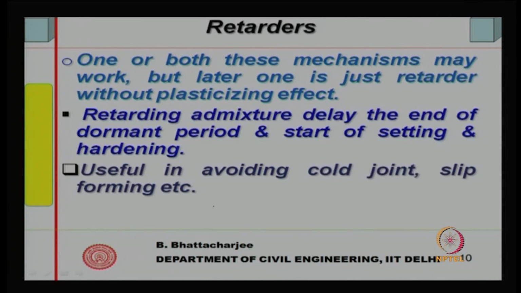Good, useful in avoiding cold joints and in slip form concrete, etc. Slip form construction is continuous construction of vertical members, chimneys, or even buildings, walls and things like that, where casting goes on continuously. Now, cold joint is formed between hardened concrete and fresh concrete, because they do not bond well.